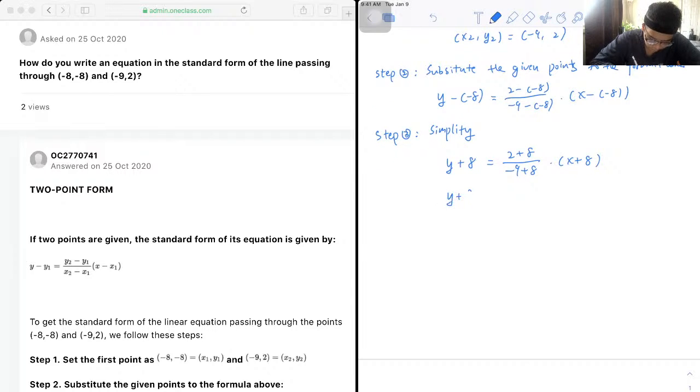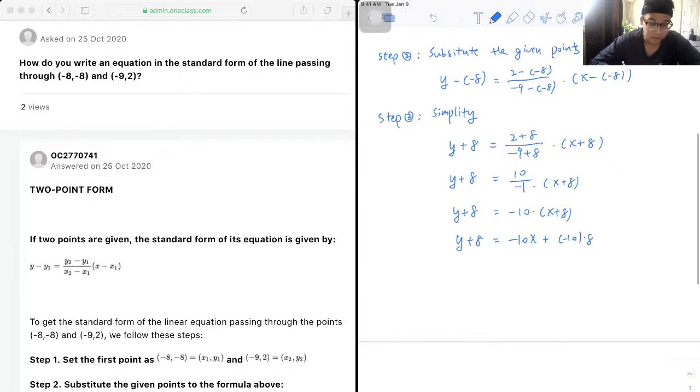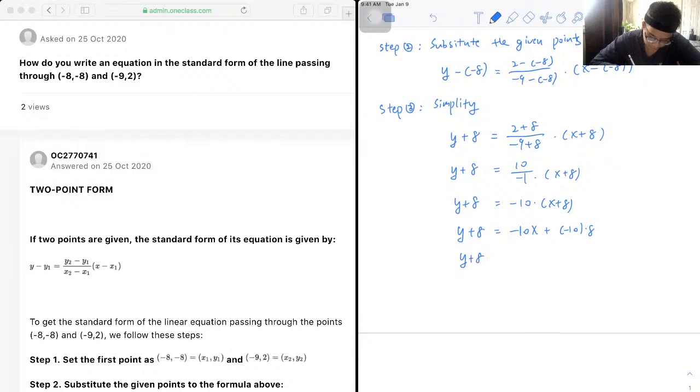Then let's simplify a little more. So y plus 8 is equal to 10 over -1 times x plus 8, so y plus 8 is equal to -10 times x plus 8. So y plus 8 is equal to -10 times x plus negative 10 times 8, where y plus 8 is equal to negative 10x minus 80.